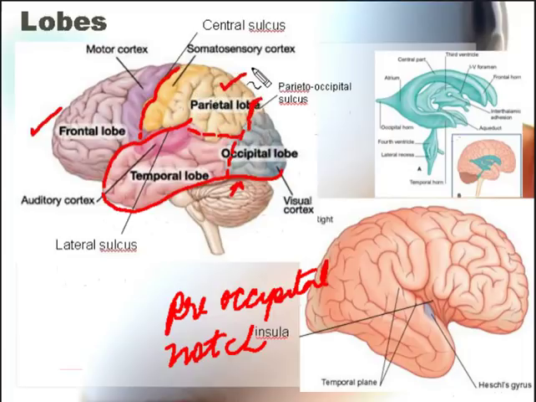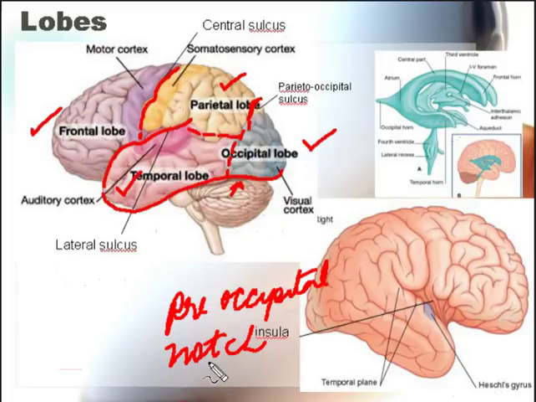The part behind this artificial line is the occipital lobe. And this area below the lateral sulcus and above this inferior border and in front of this line, that is the temporal lobe.